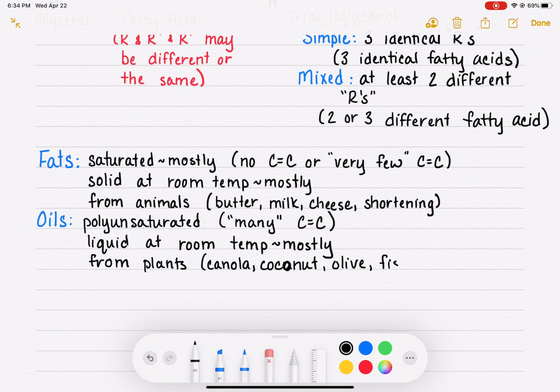But then there's fish oil, which is an oil, and it is a liquid at room temperature, but it is definitely from an animal source. So these are just some generalized trends that we see when we're calling something a fat versus calling it an oil. Definitely not a specific set of rules.